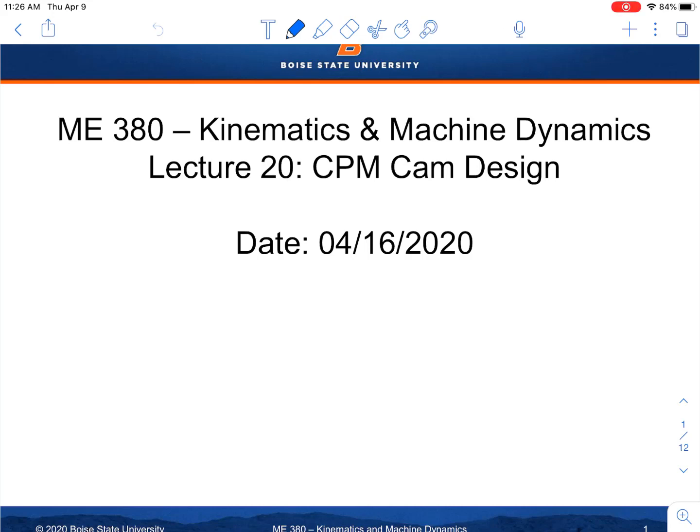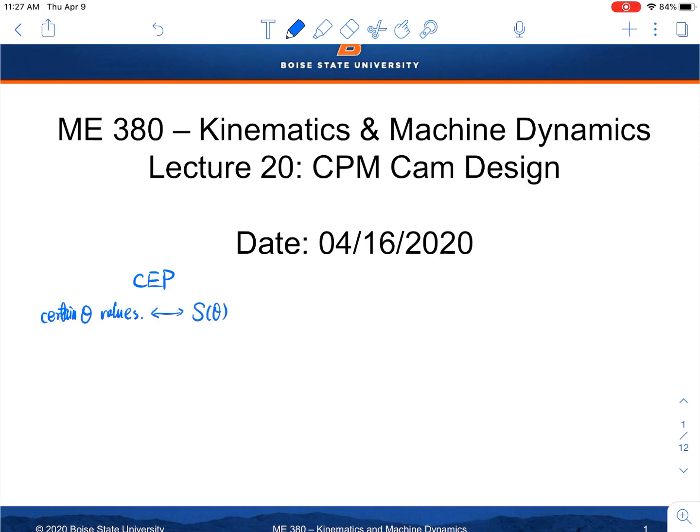So hi everyone. So previously we talked about CEP, which is called extreme precision design. In this CEP design, what we're doing is we want to make sure at certain theta values, we want to output certain S values.